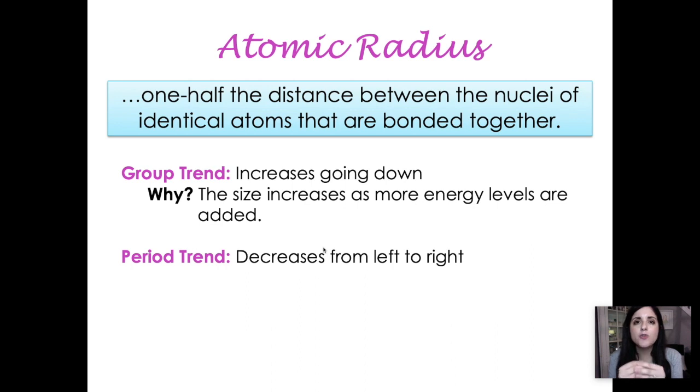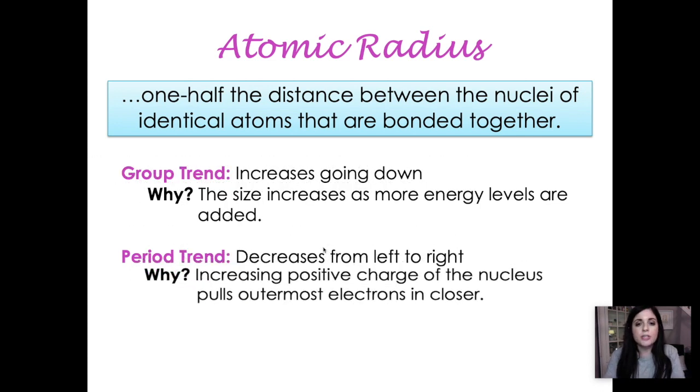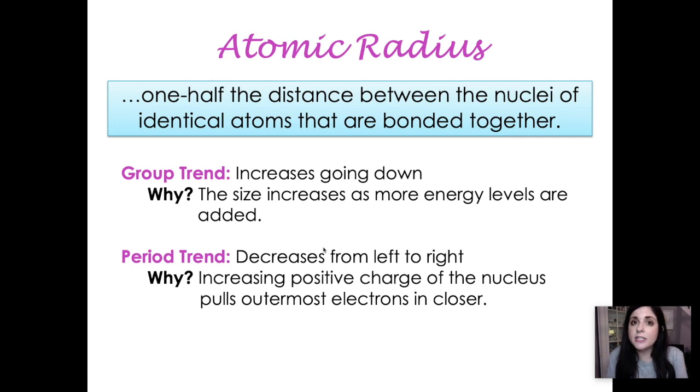Since it's becoming stronger, it's able to pull that outer shell in closer. So the increasing positive charge of the nucleus pulls those outermost electrons in the outermost energy shell closer. You could pause this to write that down, but I'm going to show you a picture next.